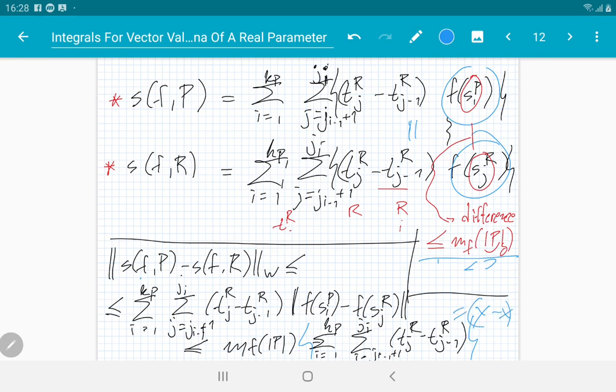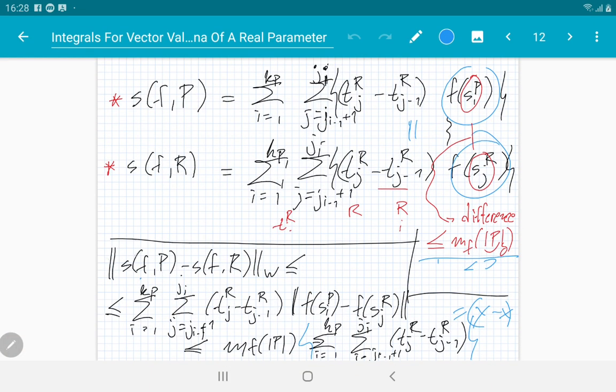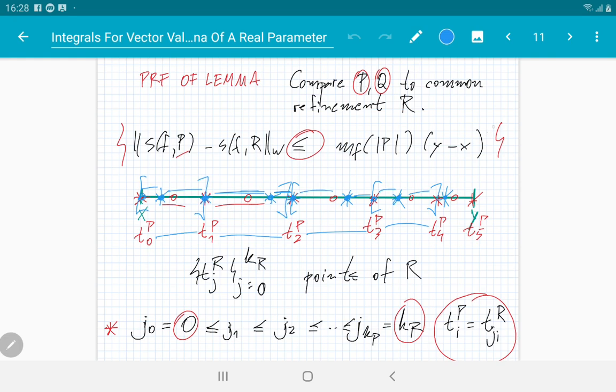And now I'm done. The norm of the difference between Riemann sums is at most this modulus of continuity times the length of the interval y minus x, which is exactly what I set out to prove over here.